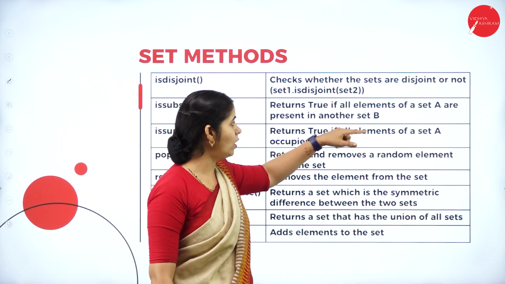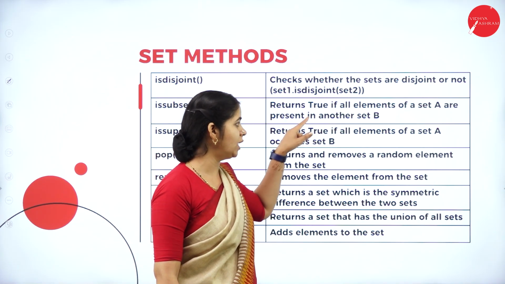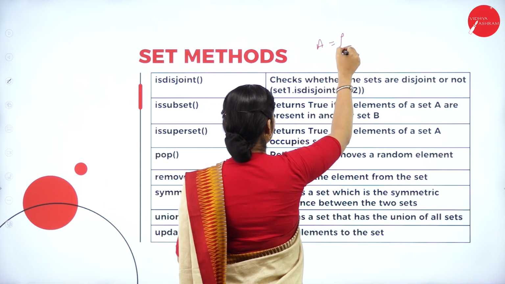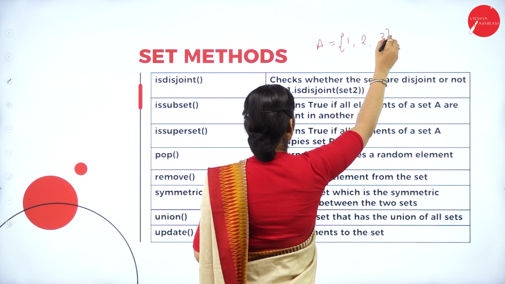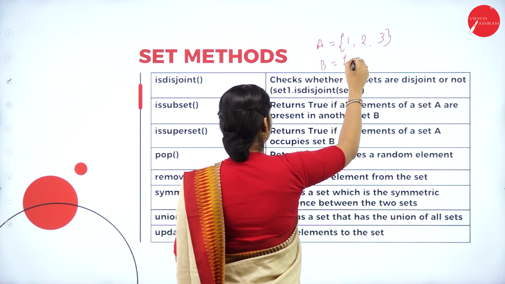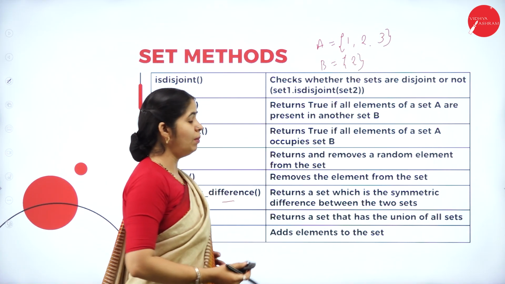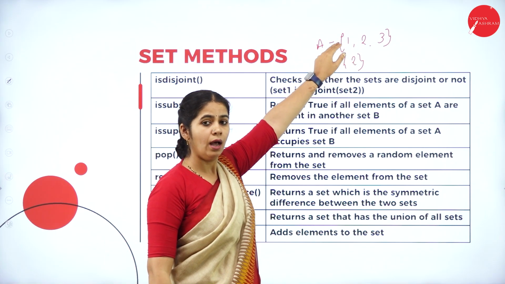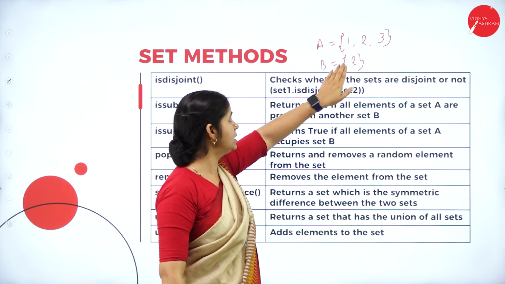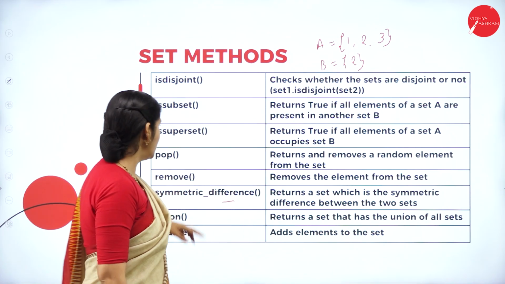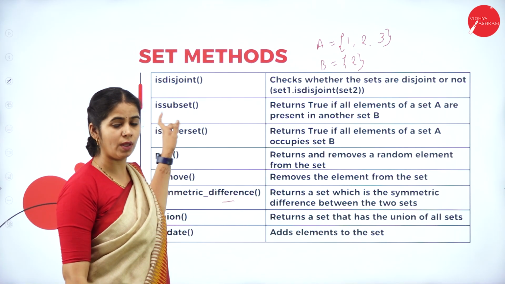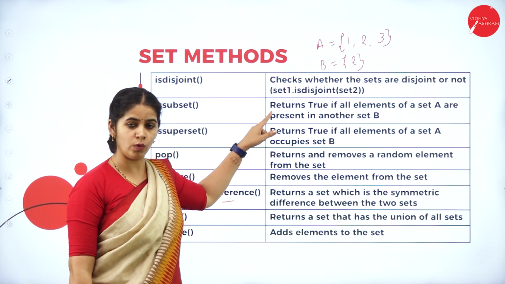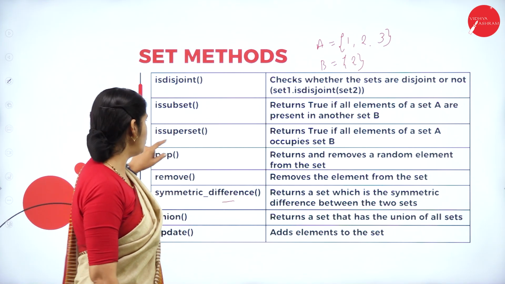It returns true if all the elements of A are present in another set, that is B. For example, A as 1, 2, 3 and B as 2. The element which is in B is also in the set A. So B is a subset of A, right? I am checking whether B is a subset of A or not. It will return a Boolean value, true or false.